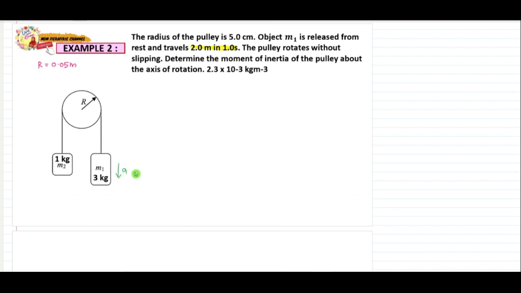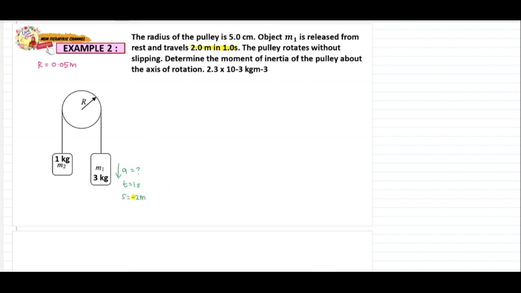We don't know its acceleration, but in 1 second it will travel downward equal to negative 2 meter. I put a negative sign because the direction of the motion is downward.